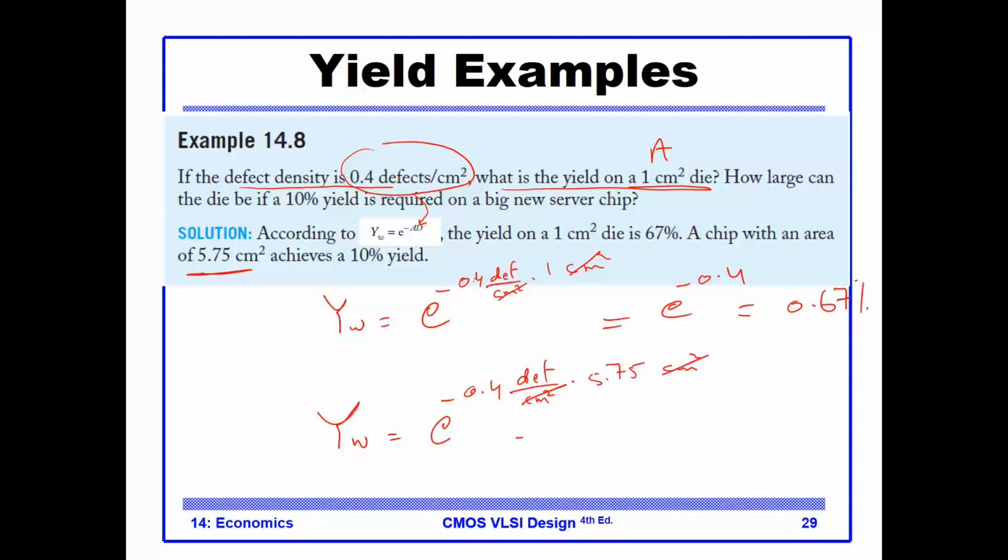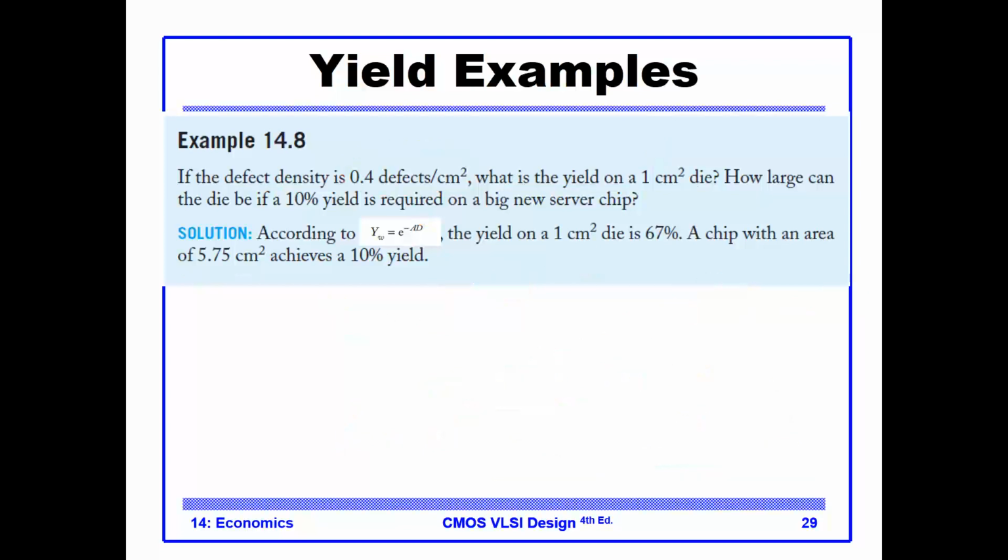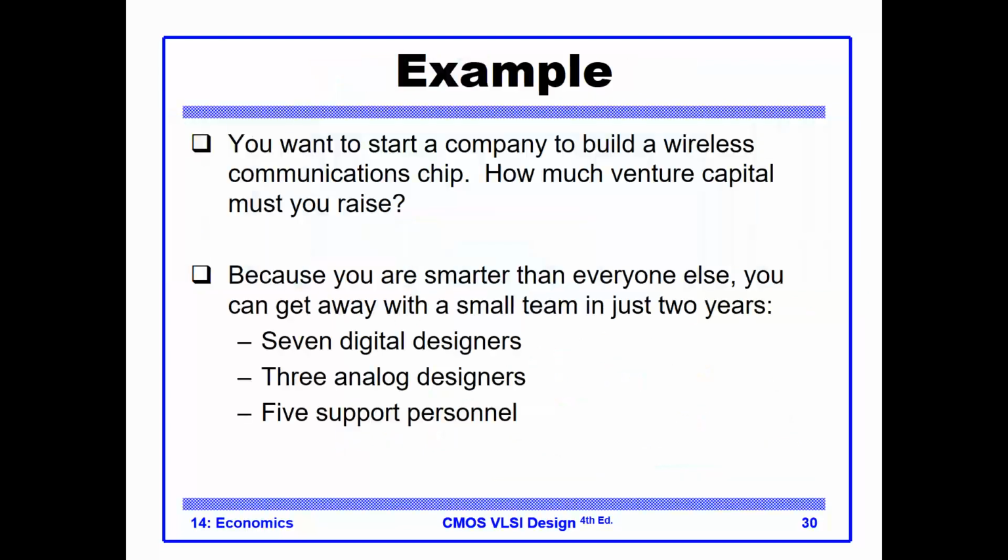We cancel the units, do the multiplication, and raise it to the e. Notice the negative sign here, and that comes to 10%. All right, I think with this example we conclude our discussion of the VLSI methodology chapter. Thank you very much.